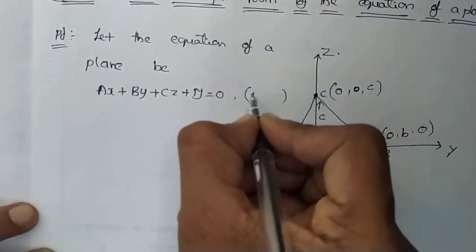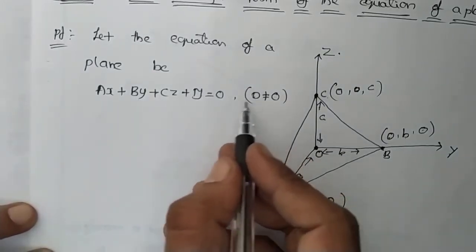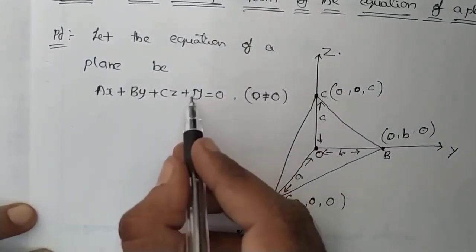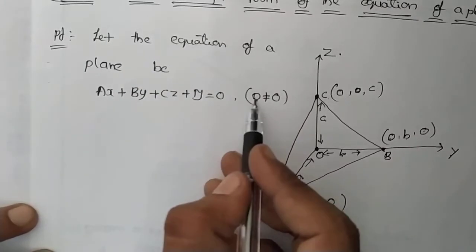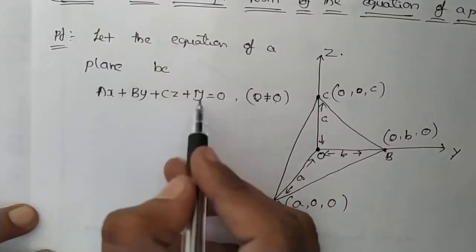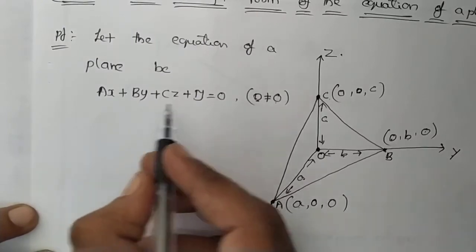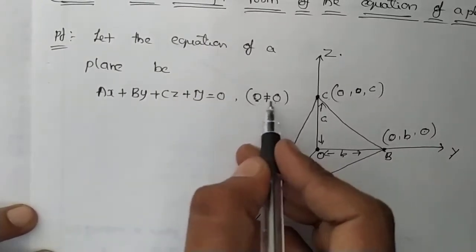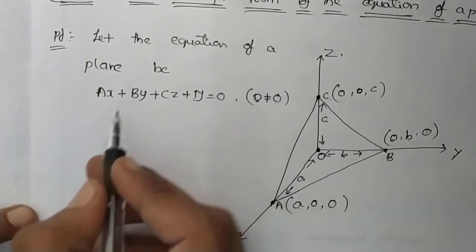Here d should not be equal to 0. If it is equal to 0, maybe it is the equation of a line. So d should not be equal to 0.